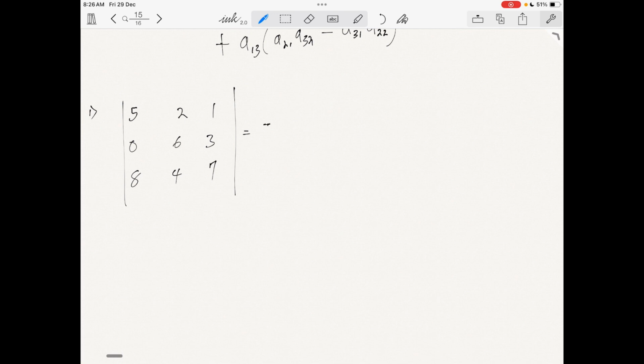Remember it is plus minus plus, so it is positive 5 minus 2 on a 2 by 2 matrix, and finally plus 1 on a 2 by 2 matrix.